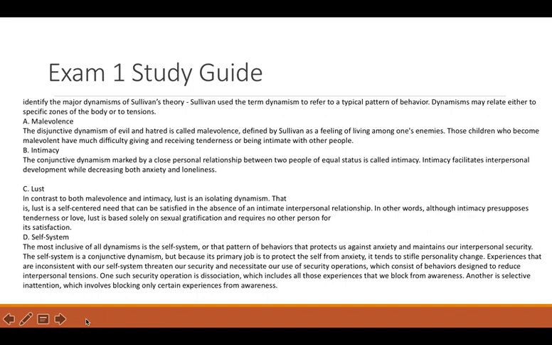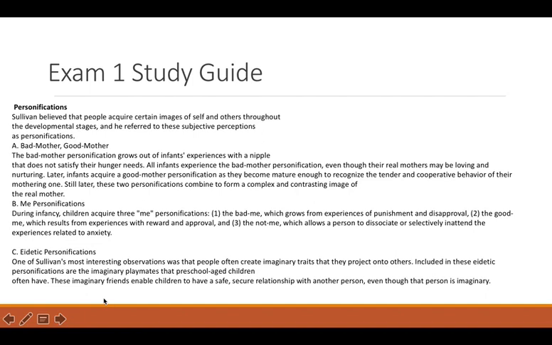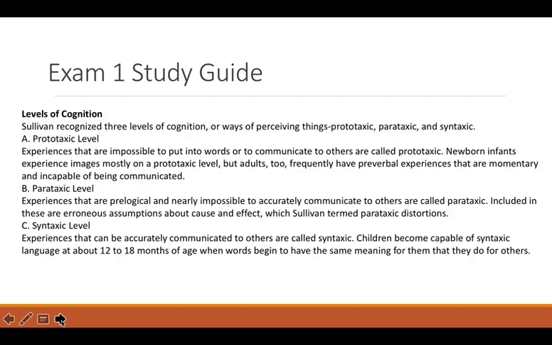These are the dynamisms: the malevolence, intimacy, lust, and self-system. The personifications are here: the bad mother, good mother, the me personifications, eidetic personifications. And the levels of cognition.